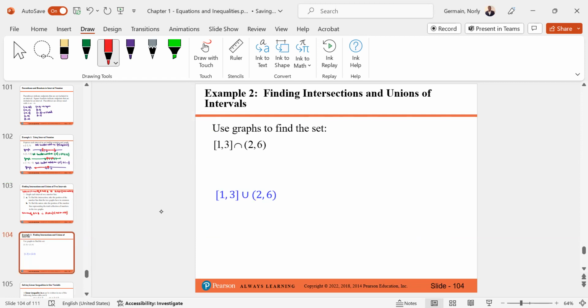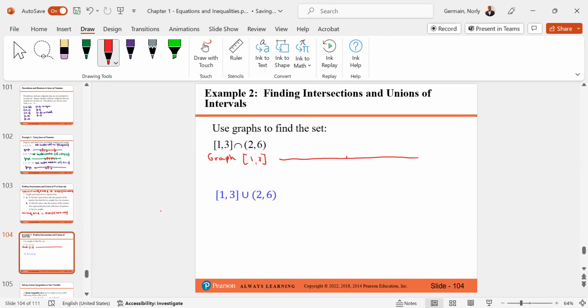If they ask us to graph [1, 3] intersect [2, 6], first of all, you need to graph each of them separately. This is the graph for [1, 3].